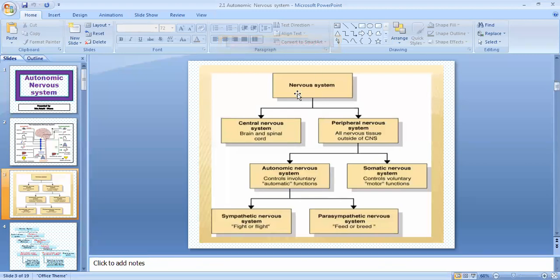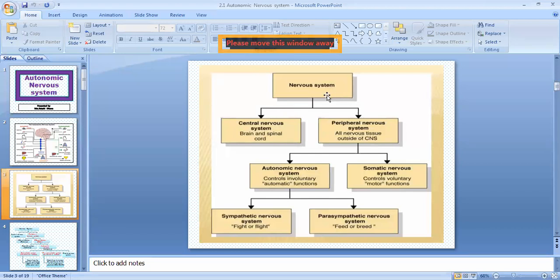It is the system which will detect and respond to the changes inside and outside the body. Whatever changes are taking place in our body, this system identifies them and gives the response accordingly.